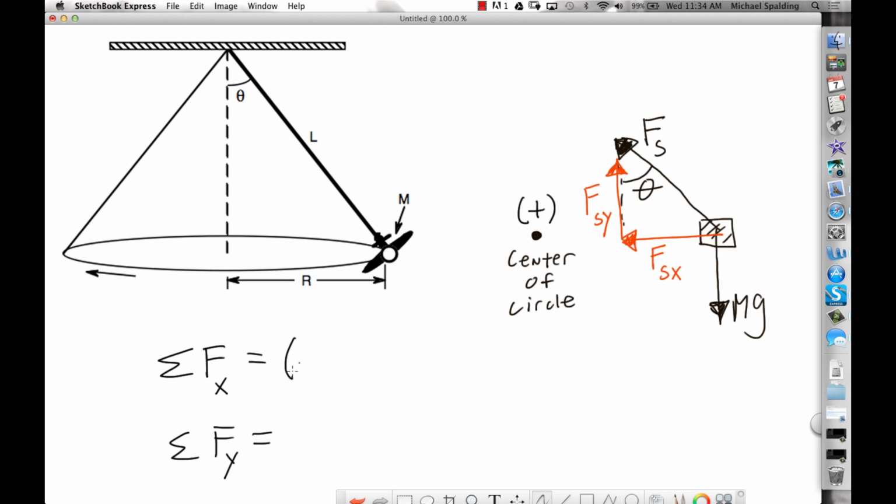So we're going to say sine theta force of string, using trig. So you want to put force of string x in terms of force of string. Any other forces in the x direction? Nope. So what's this going to be equal to? ma where this a is centripetal, because the centripetal acceleration always points to the center of the circle.